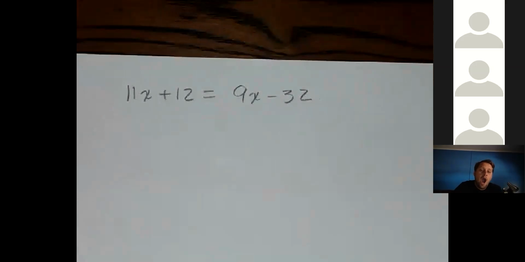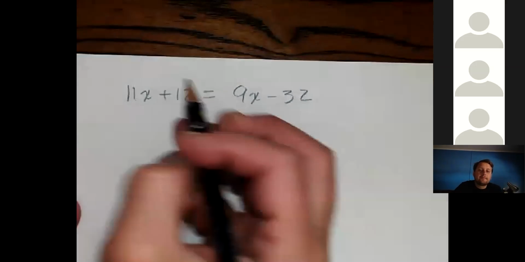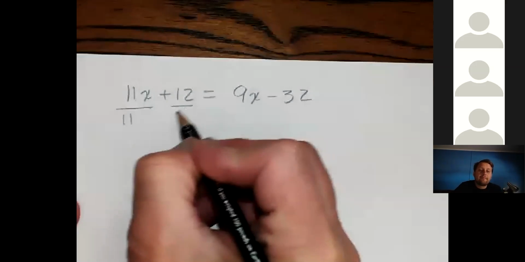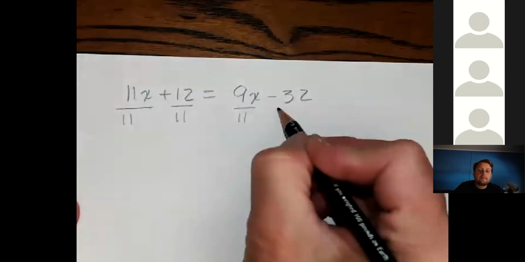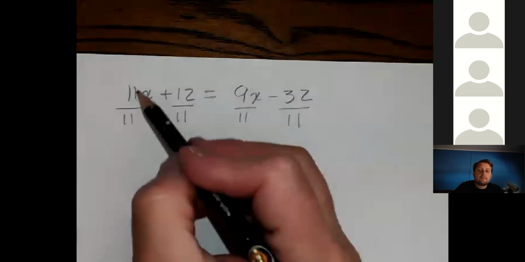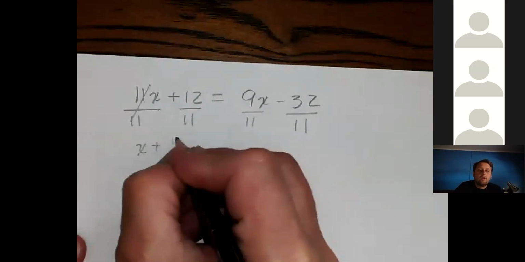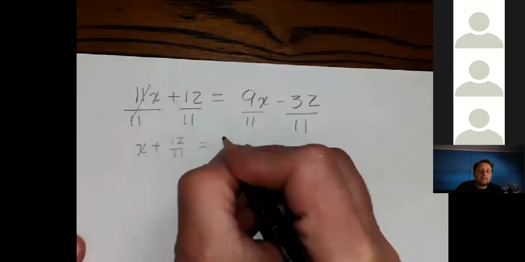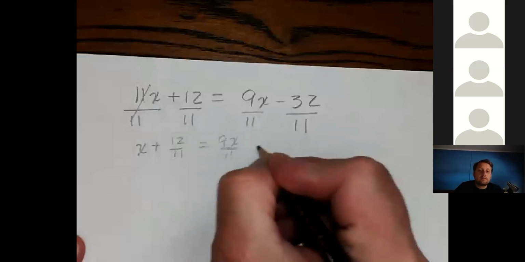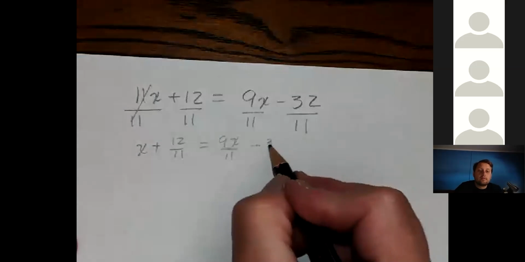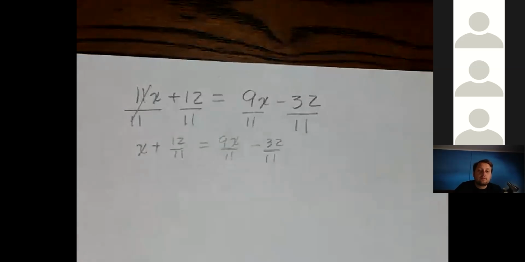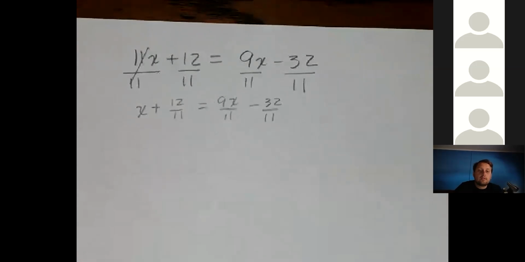I want to divide by 11, since everything would be divided by 11. Okay, well that made that easier. Oh yeah, how do we like it so far?